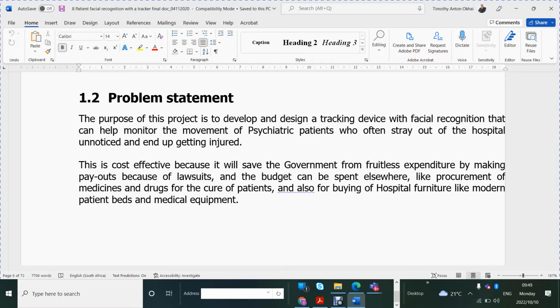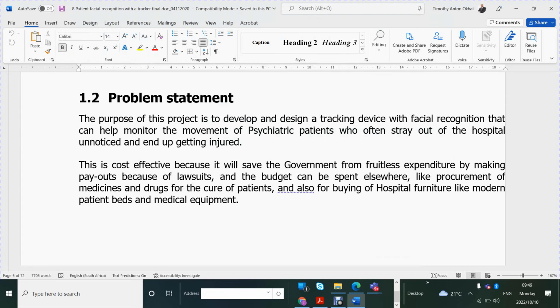Does that tell you exactly the problem she's trying to solve with this project? Yes. Okay, so that's when you capture the essence of the project in a statement. Everything else you write before that or after that just gives us a background, okay? But you need to capture the essence of the problem you are trying to solve in a statement, which we call the problem statement.